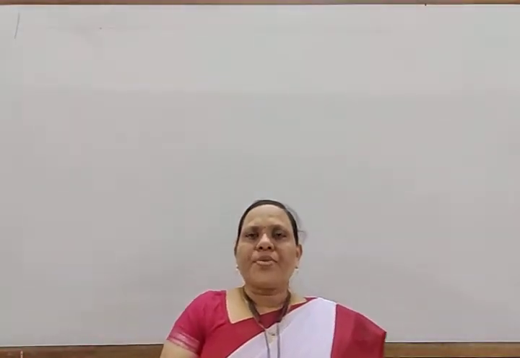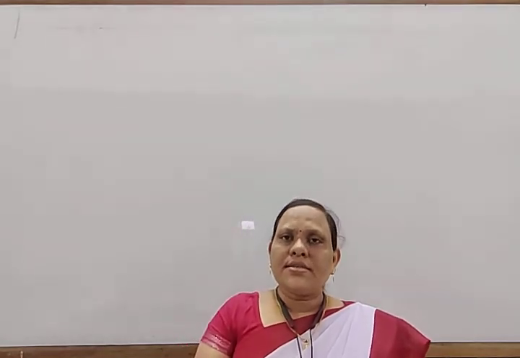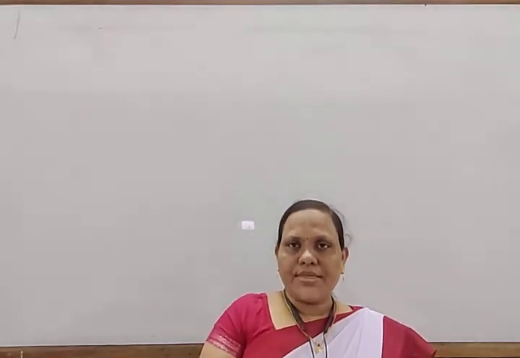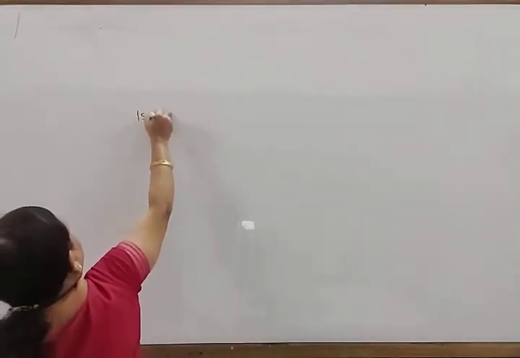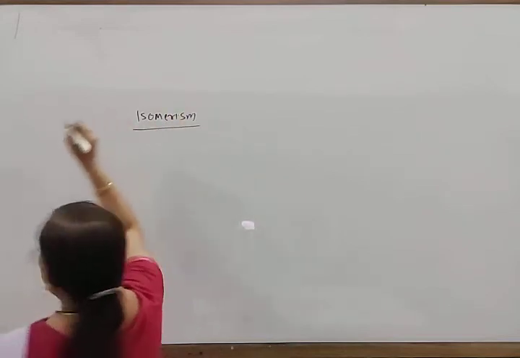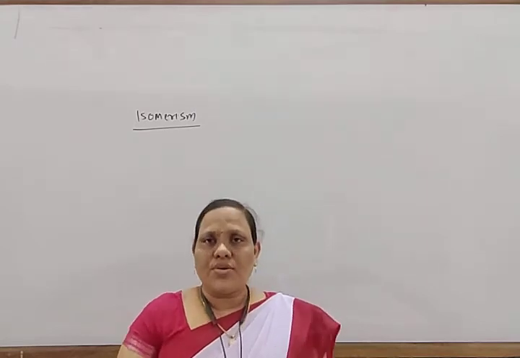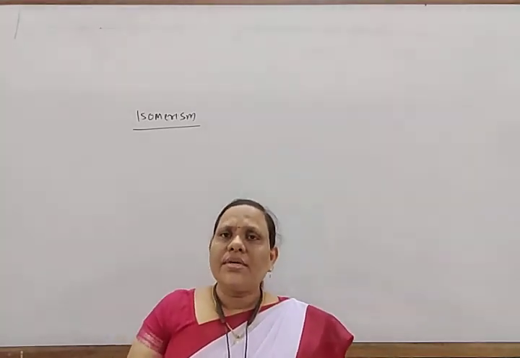Next come to another part of organic chemistry, that is isomerism. Next come to study about isomerism. So what is isomerism? Isomerism is a phenomenon. So what is this phenomenon?